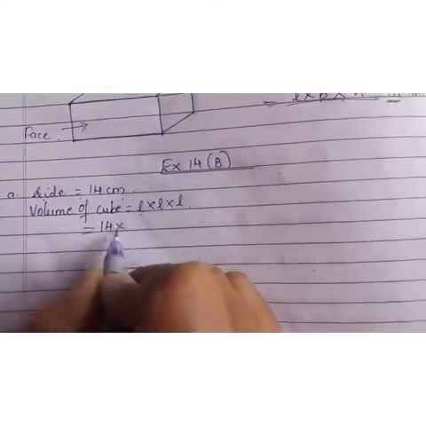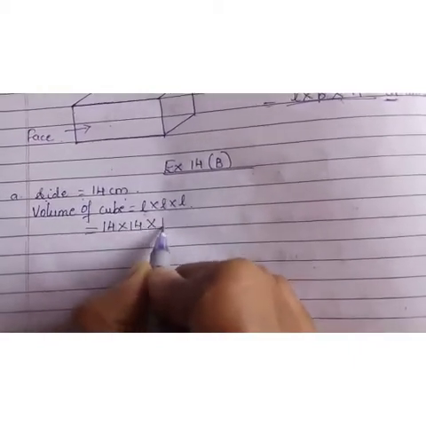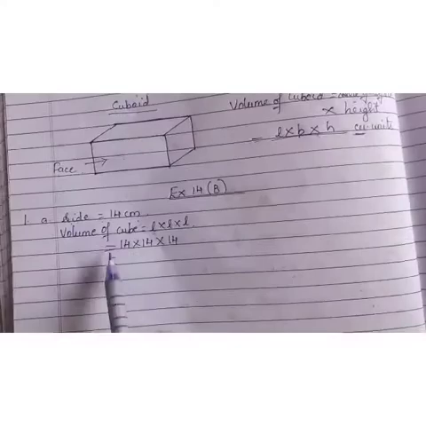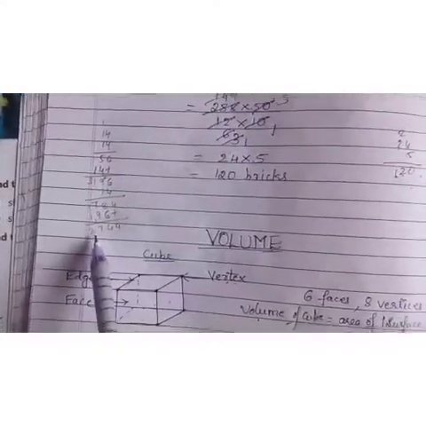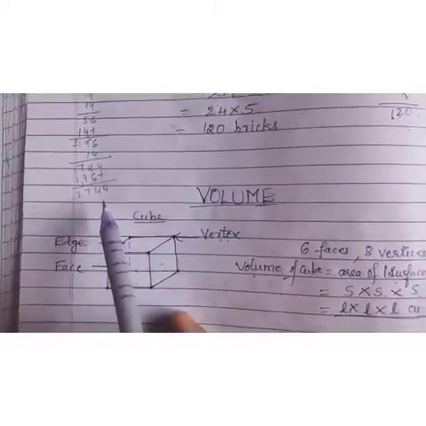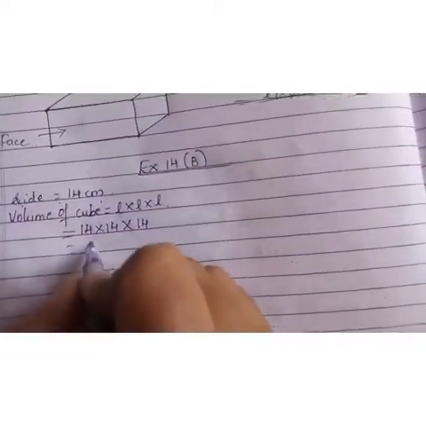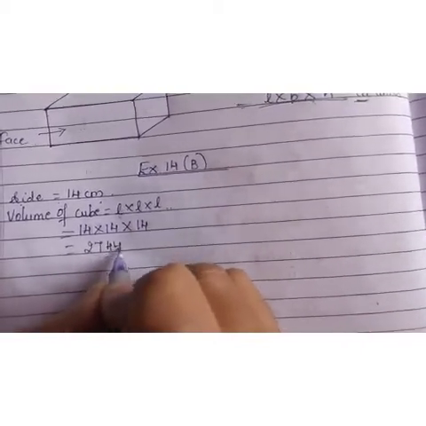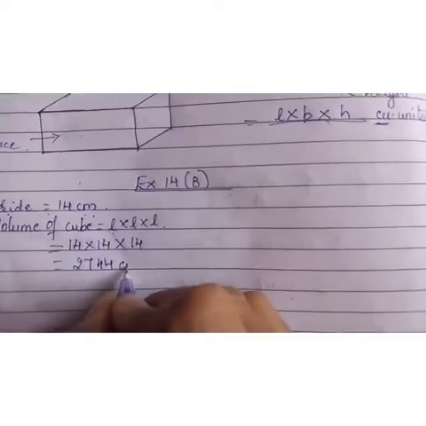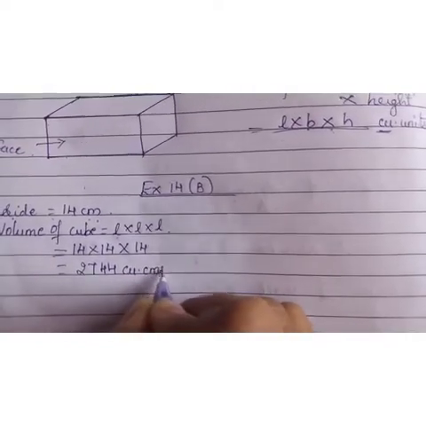So 14 into 14 into 14. Multiply it. I have done it here in rough, even you can do it. The answer we get is 2744. So write here 2744. As the unit mentioned here is centimeters, you write cubic centimeters.